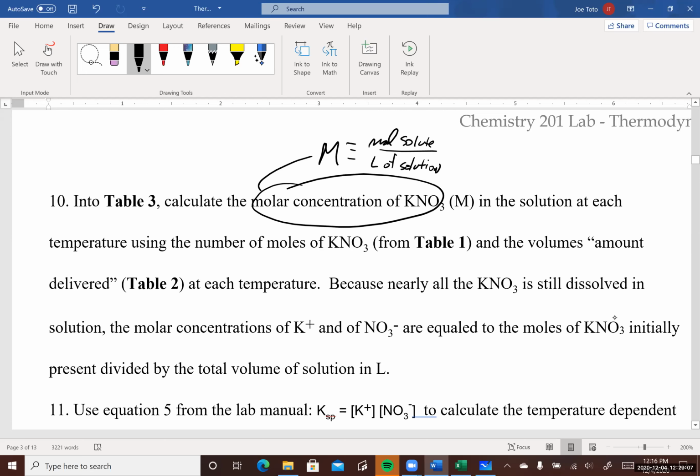Number 20, compare percent error in your experimentally determined values for delta G, H, and S at 25 degrees to the theoretical values, table 5. So for 20, you could maybe make up another table and just take a percent difference between all those three quantities.